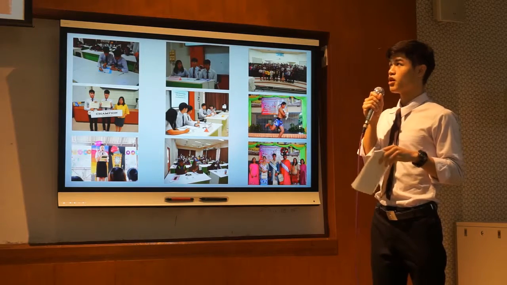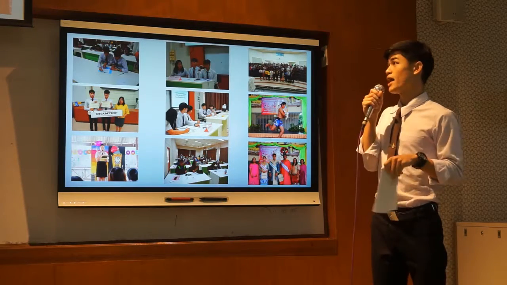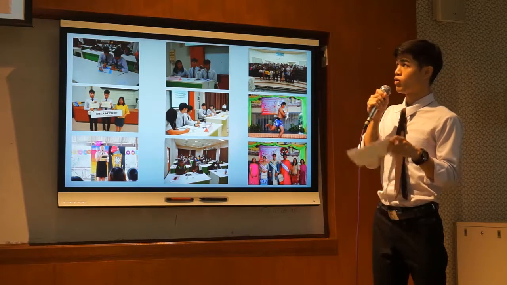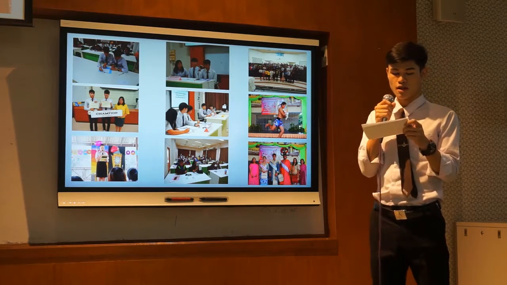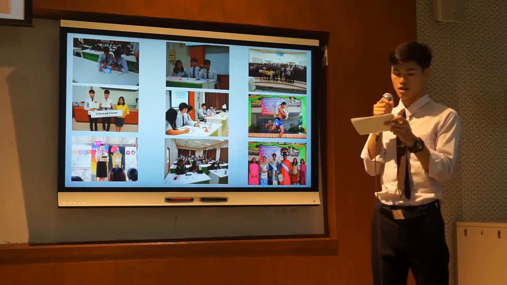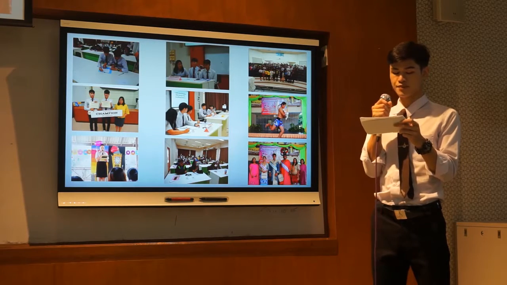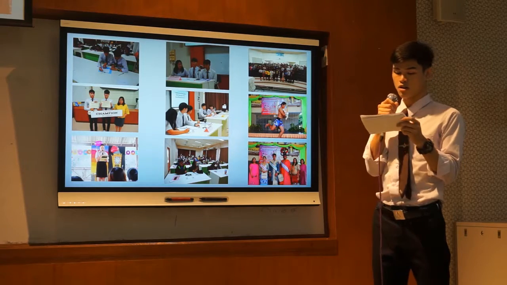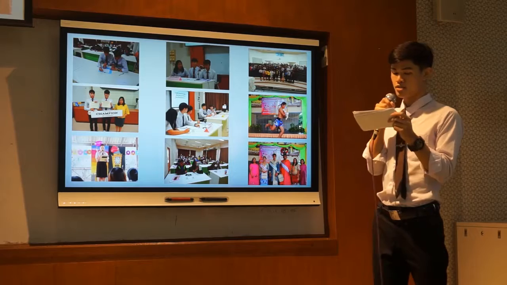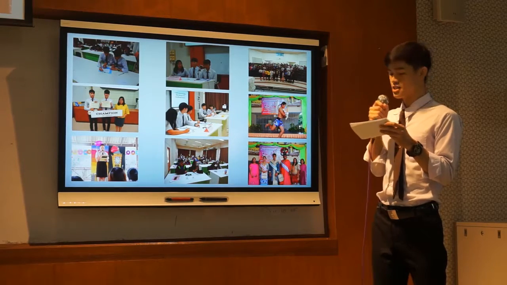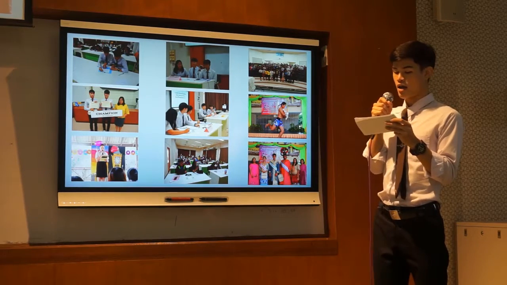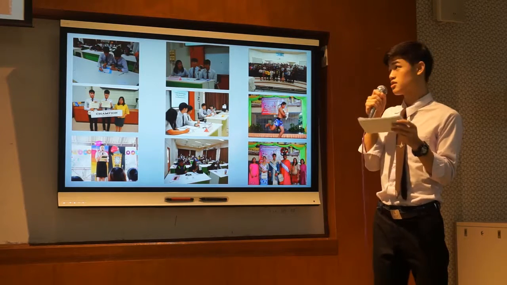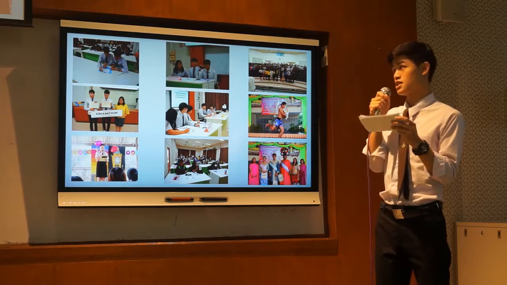This is some pictures of activities. Top left hand picture and next below down are spelling bee competition. Upper middle picture is debating competition. Next down below, English quiz competition.